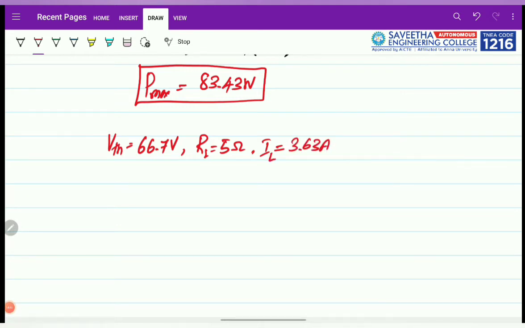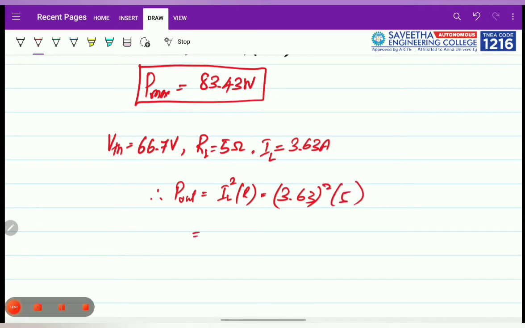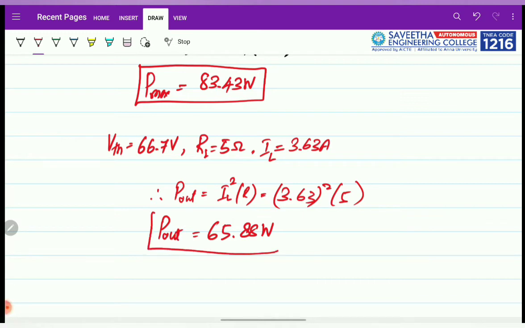This is the load current. Suppose I want to find the output power: P out is equal to IL square into R, which is equal to 3.63 the whole square into 5. If I find it, I get 65.88 watts. This is my output power for the previous question.